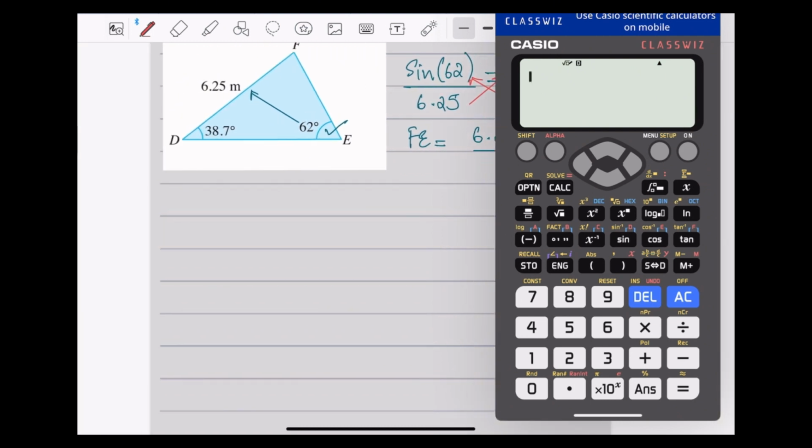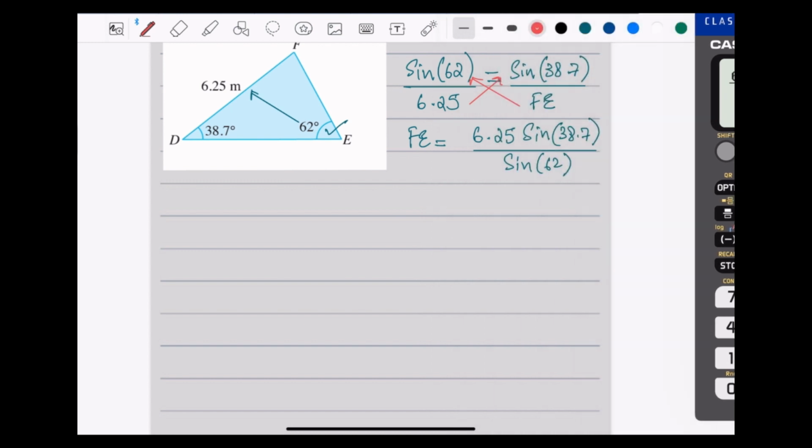So 6.25 sine 38.7 over sine 62 is going to be 4.4.